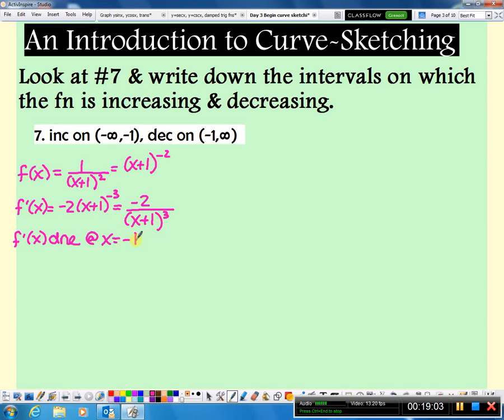So x equals -1, I'm going to say is loosely a critical value. And you might go, loosely? What do you mean by that? Well, the reason I say loosely is critical values have to be in the domain of the original function. And -1 is not in the domain of the original function. So very technically, it wouldn't be a critical value. But if you're going to figure out where the graph is increasing and decreasing, you still need to look at it as a critical value on the sign chart.